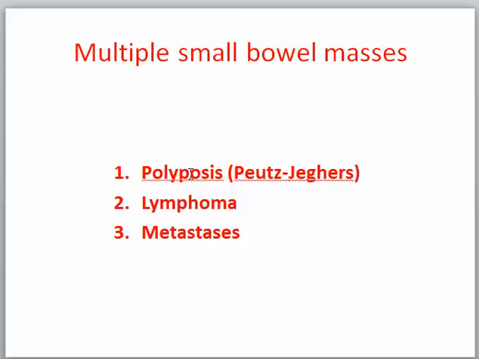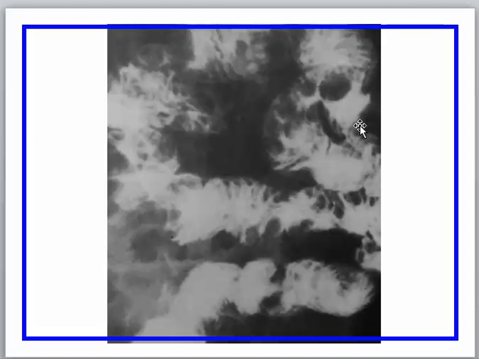These are three sites: luminal, intramural, and subserosal. And these are the nodules caused by submucosal infiltrates in lymphoma. Nodules of lymphoma.